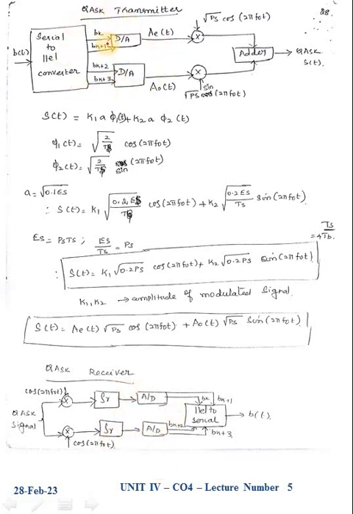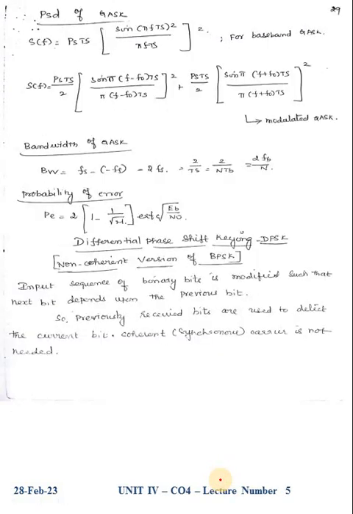The only difference is that we introduced a D2A in the transmitter, so we have to introduce an analog to digital converter in the receiver circuit. In the transmitter we use a serial to parallel converter, whereas in the receiver we have to convert this parallel combination of the bit stream back into serial. So that is the difference between PSK and QASK.